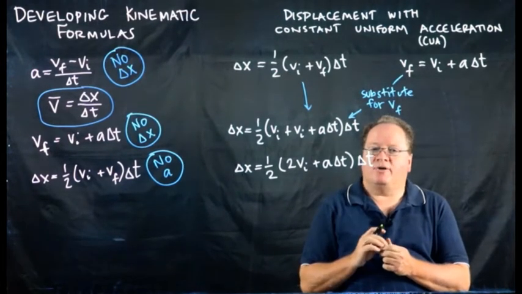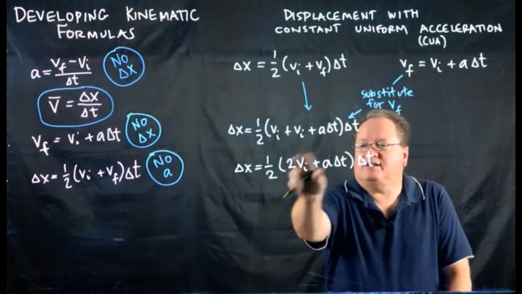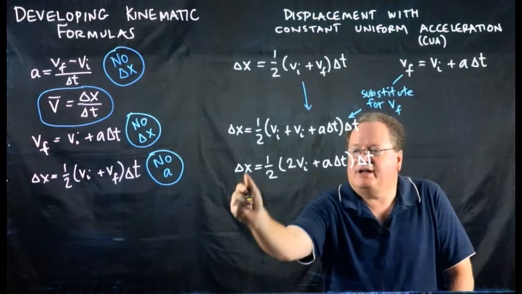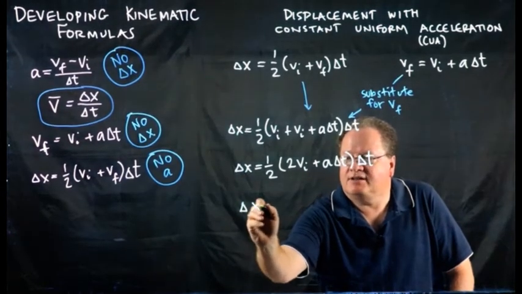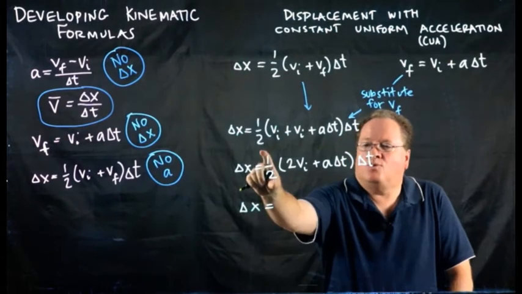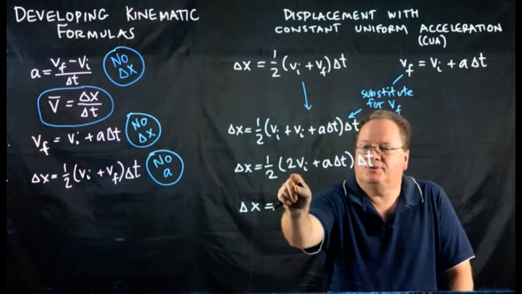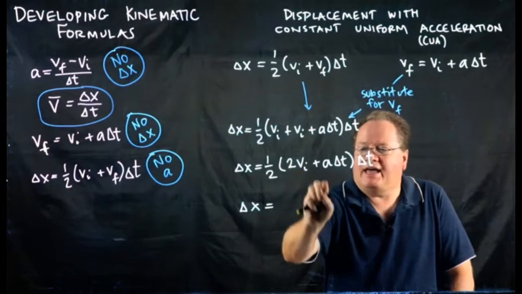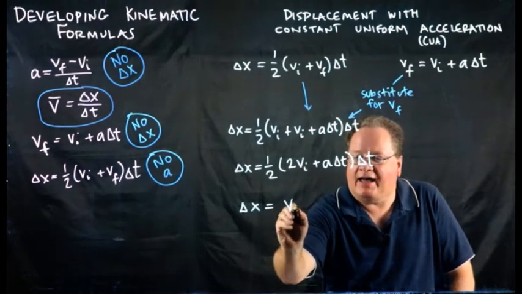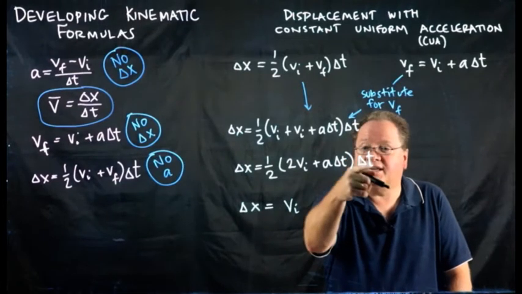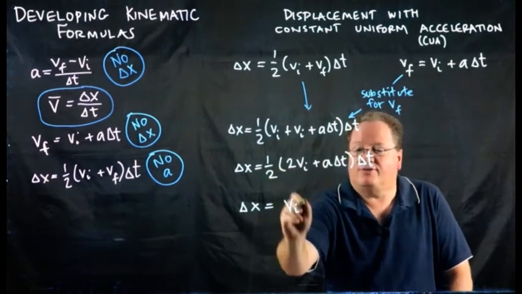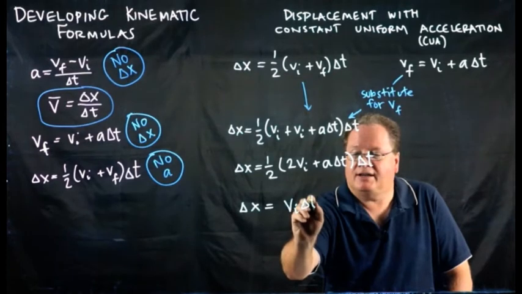Let's go ahead and distribute the delta t and the 1/2. So I'm going to have delta x equals 1/2 times 2 vi. The 1/2 cancels the 2. So all I have left there is vi times this delta t, because I need to multiply that in also. So I'm going to end up with this.